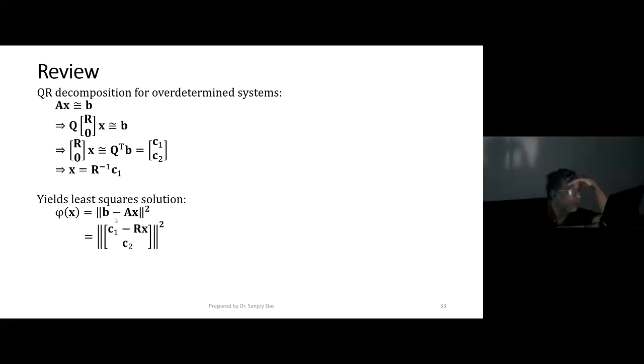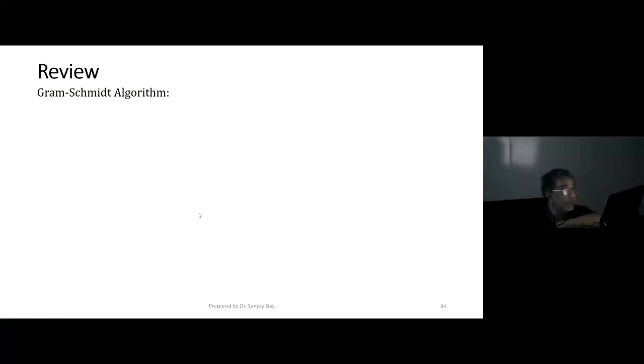In the proof of that lemma, we saw that b minus Ax is the same as this, and phi of x is the norm of this squared plus the norm of C2 squared, and all we have to do is make the first term equal to 0. That's why they give the same solutions.